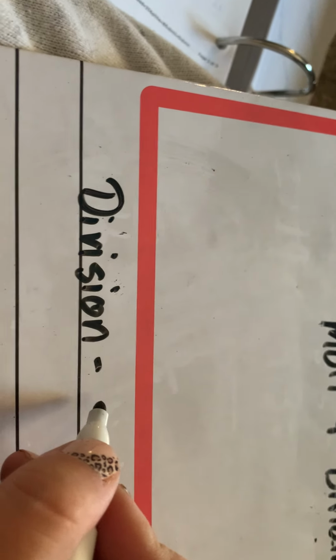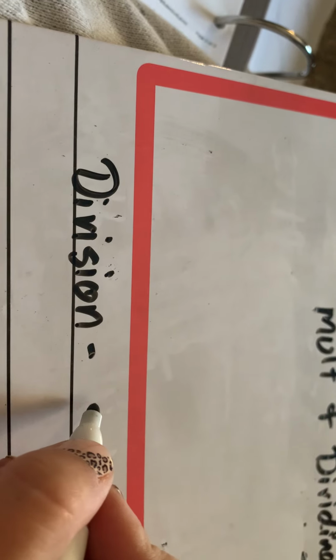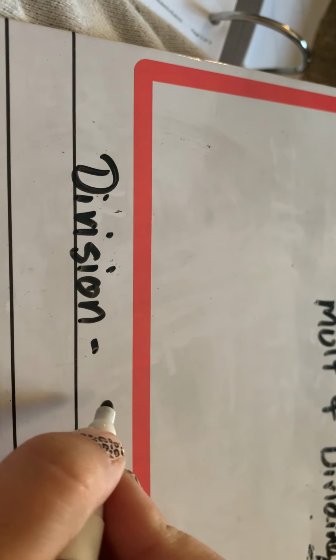Division's a tad bit more difficult because we need to start by moving the decimal point. So I'm just going to show you an example instead of trying to explain what I mean. Right, so we're going to move the decimal point.